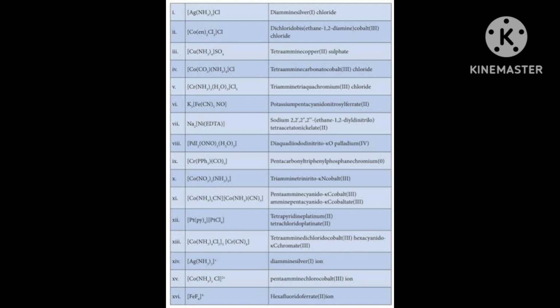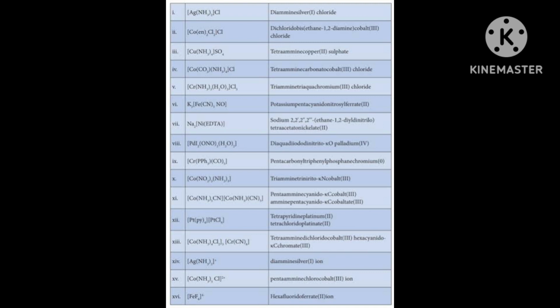Now how will you write the name of the compound? How will you do nomenclature? I am telling you the nomenclature now. Because 1,2-diamine is 3 times, you write tris.